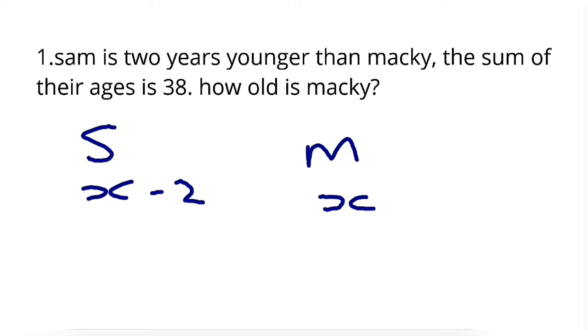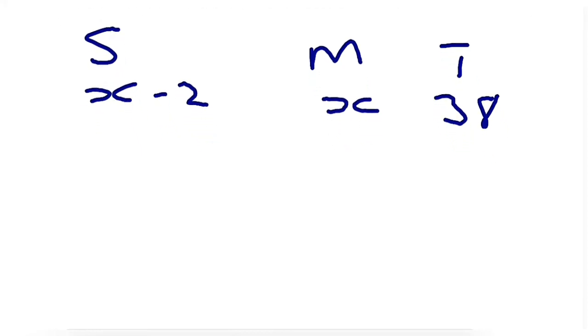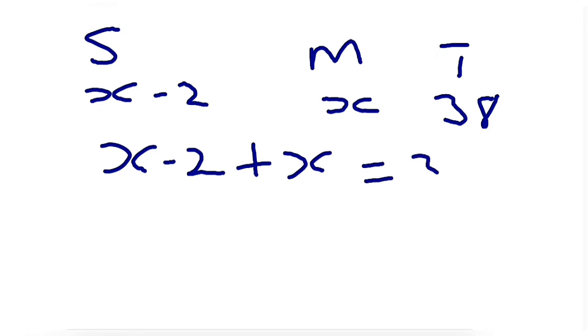Remember, according to the question, the total of their ages is 38. So when we add Sam's age and Maki's age, we should get 38. That will now give us X minus 2 plus X equals 38.